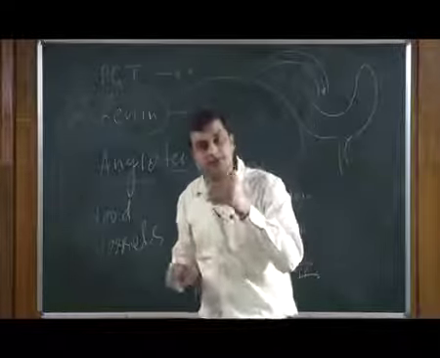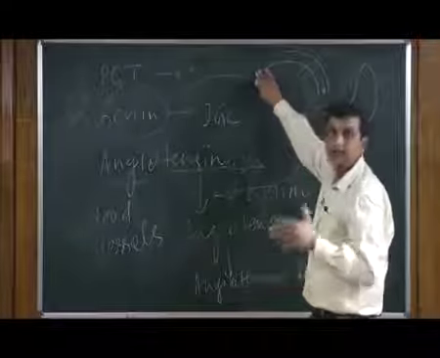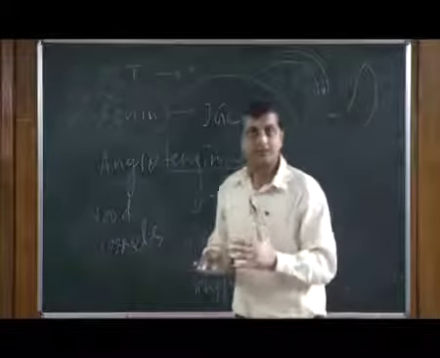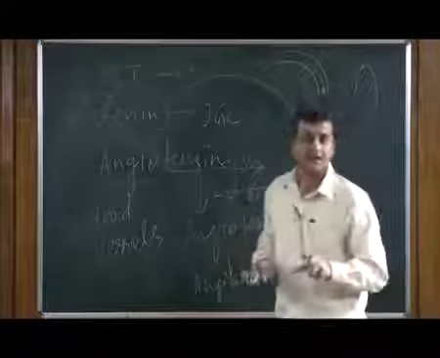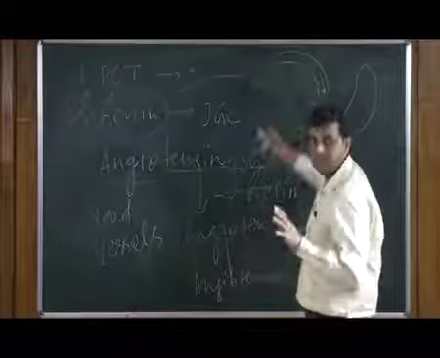If the filtration process is not appropriate, the waste material, the unwanted material, will not be filtered out through the kidney, and because of this, toxicity will start in the body. So maintenance of this pressure is very important.